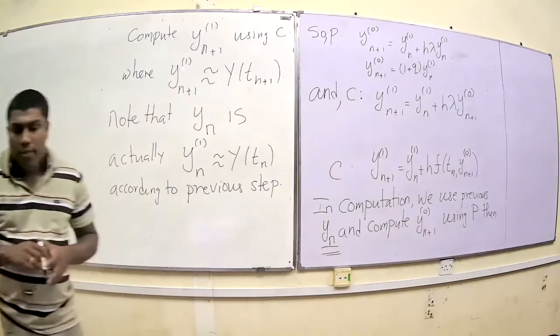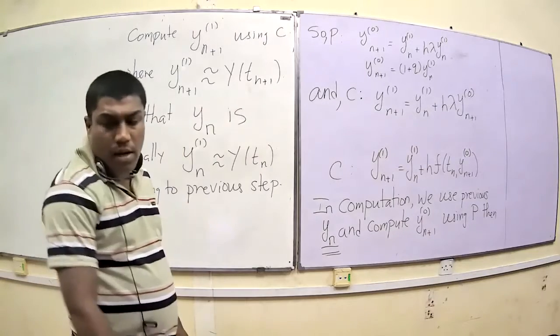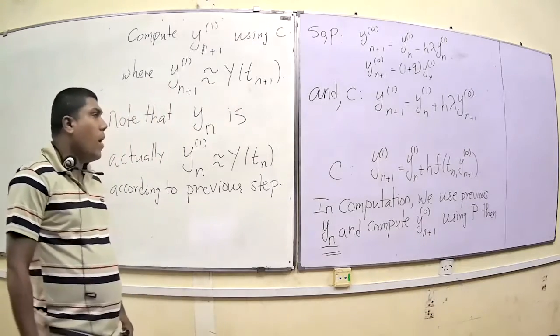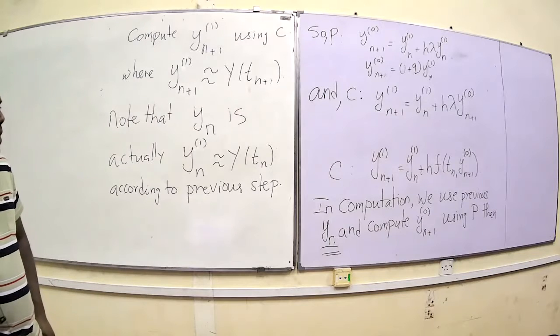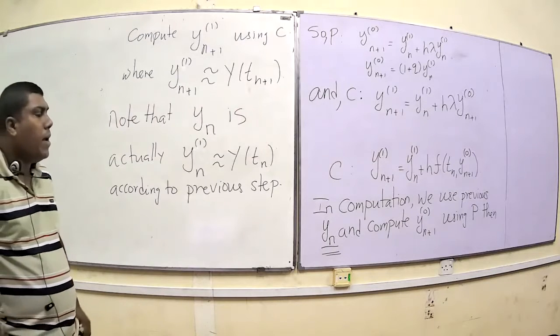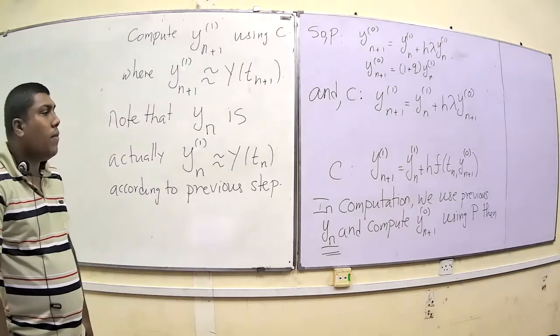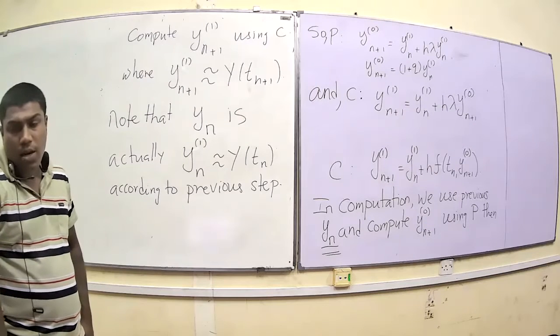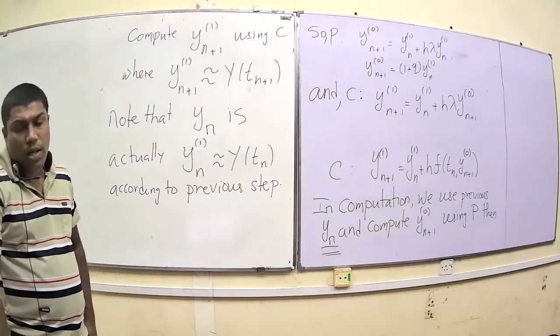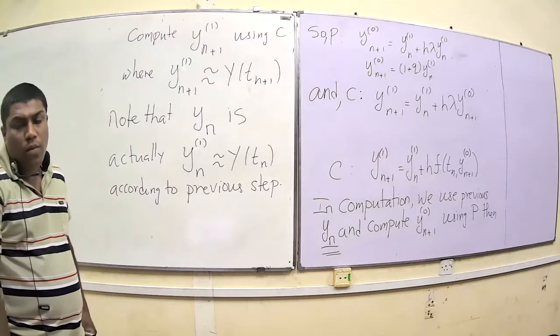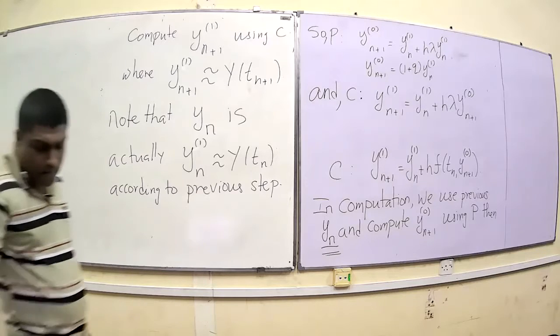So yn plus 1 1 is equal to yn1 plus h times lambda times yn plus 1 0. That is how your corrector method looks. So now you can substitute for yn plus 1 0 here.